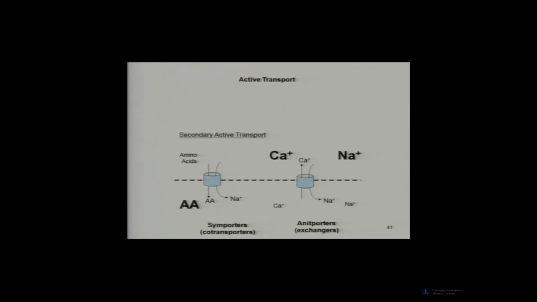Okay? So what that means, let's take sodium. Sodium is an important one. Okay? Sodium has a higher concentration where? Outside the cell, right? So sodium has a higher concentration outside the cell, which means that it has a big motivation to get where? Inside the cell.